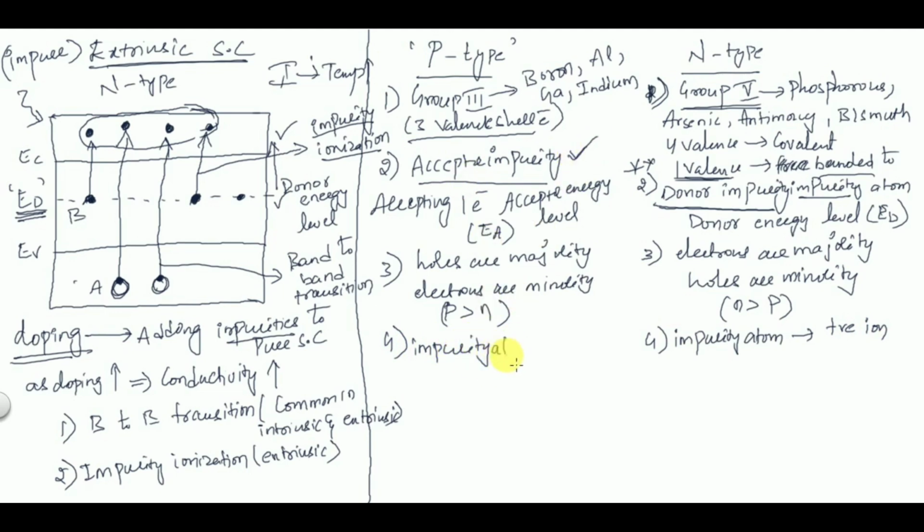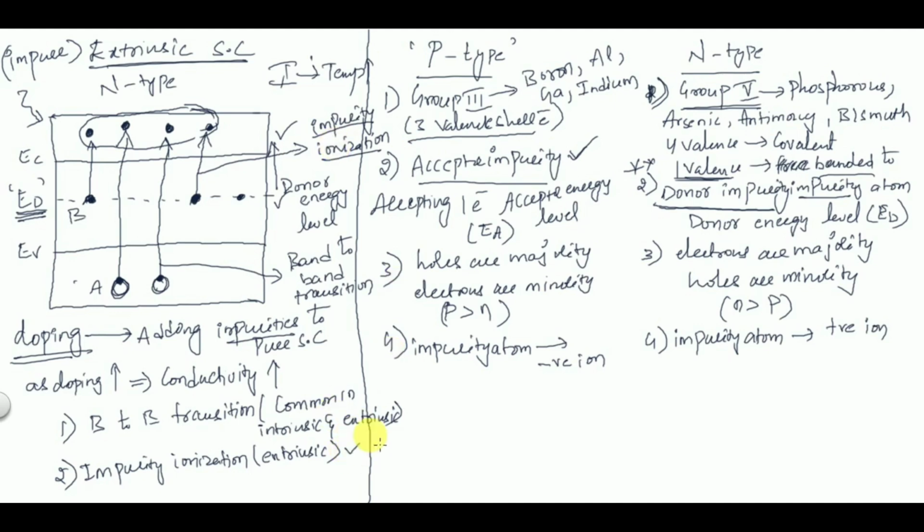When it accepts a negatively charged particle, it will become a negative ion. That process is called impurity ionization. The impurity atom is getting ionized by donating an electron or by accepting an electron in the case of n-type and p-type respectively.